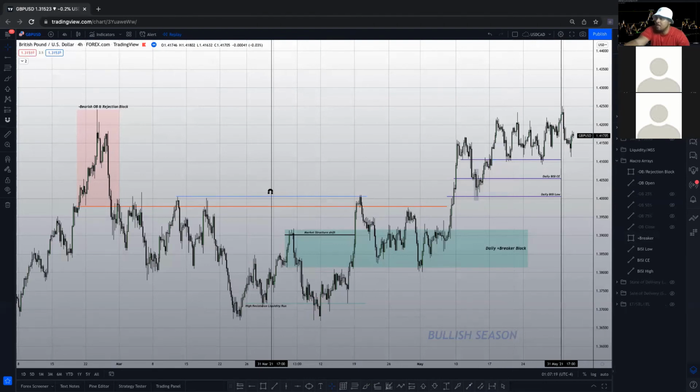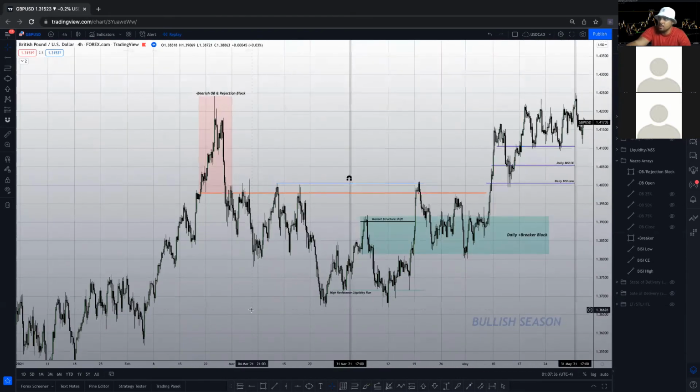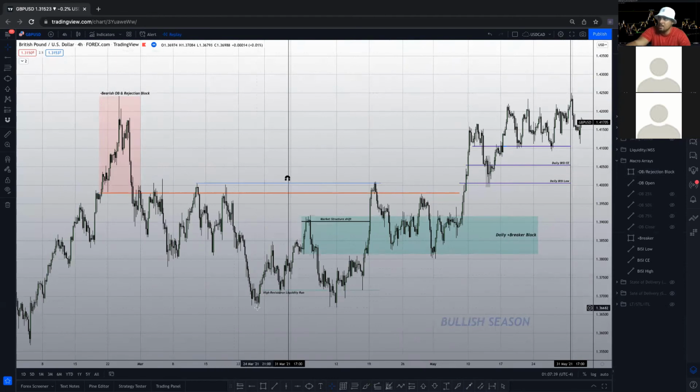Most important thing that happened was the run on those lows, creating the high resistance liquidity run. Should not go back down below that. We're not looking at all that. We're just looking at from this high to this low.